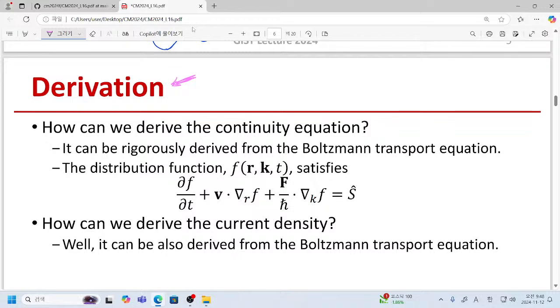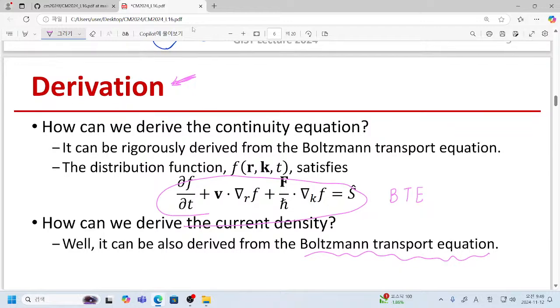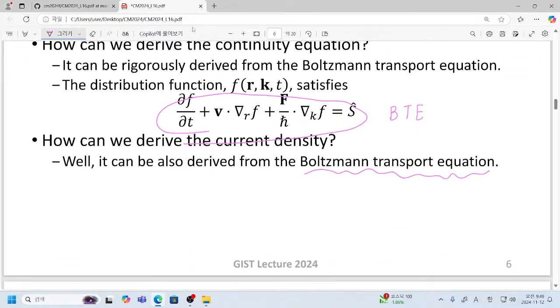However, please note that all of these continuity equations can be rigorously derived from more rigorous equations. This is the Boltzmann transport equation, BTE, the governing equation of semi-classical transport, and the continuity equation can be systematically derived from this more fundamental equation.